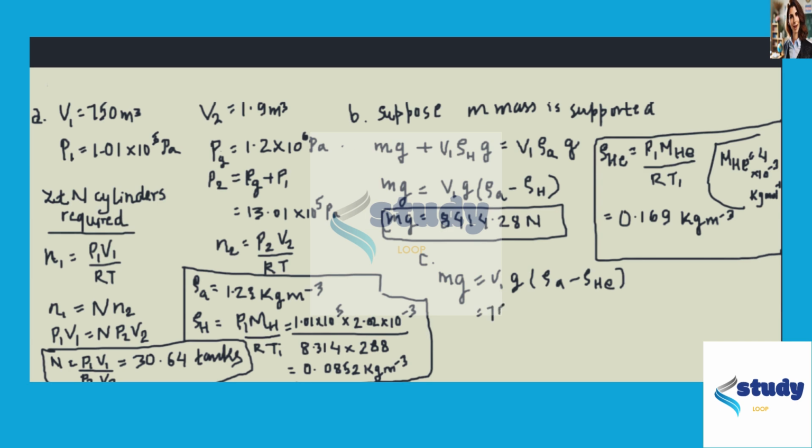V1 is again 750, g is again 9.8, density of air is 1.23, minus 0.169. This gives mg equal to 7800 Newton. So using helium gas will reduce the weight that can be supported.